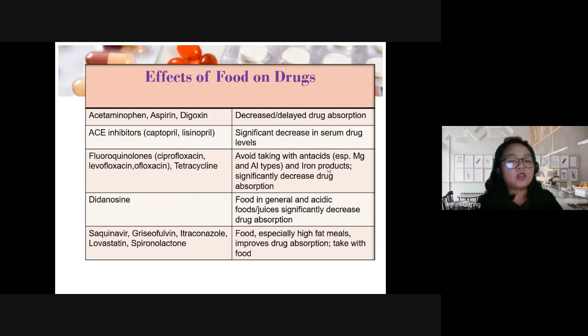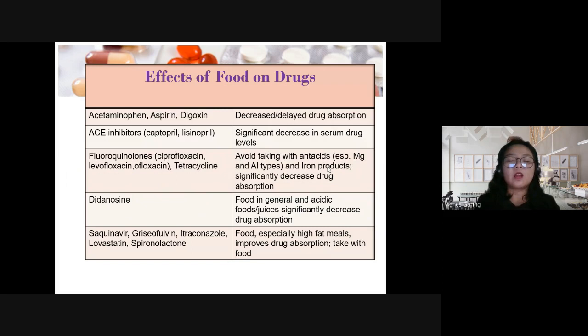And then fluoroquinolones, so avoid taking with antacids because there's a significant decrease in the drug absorption. So the didanosine, okay, food in general are acidic, so it significantly decreases the drug absorption.